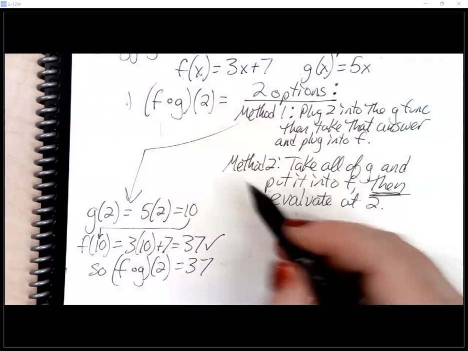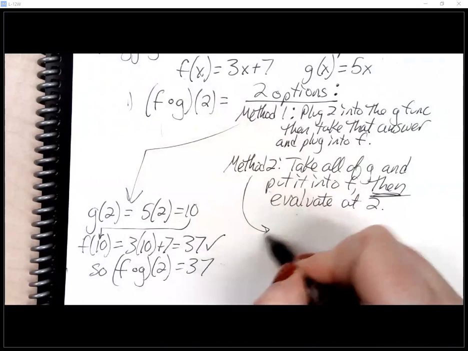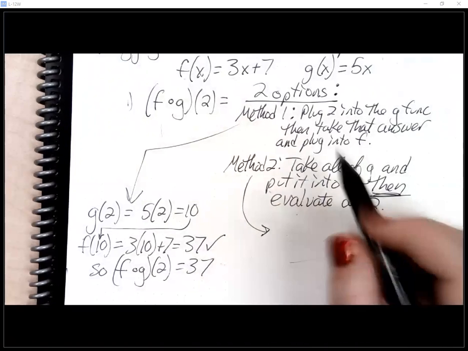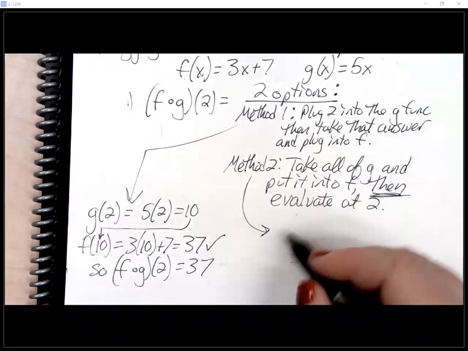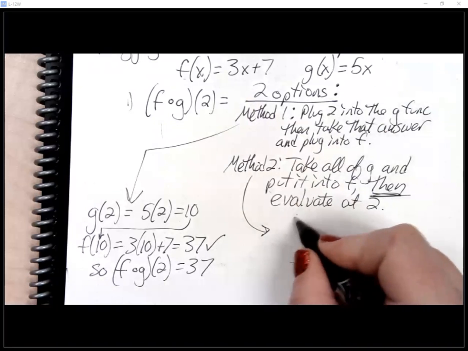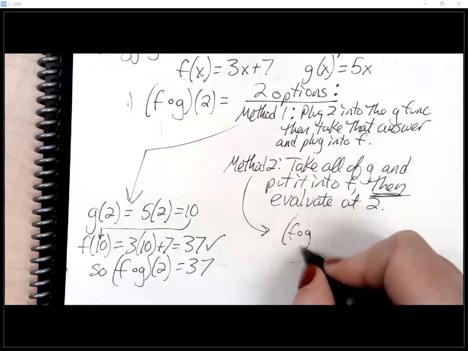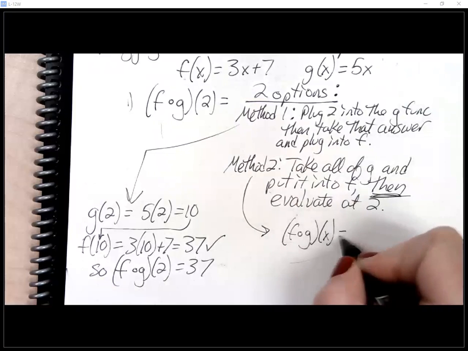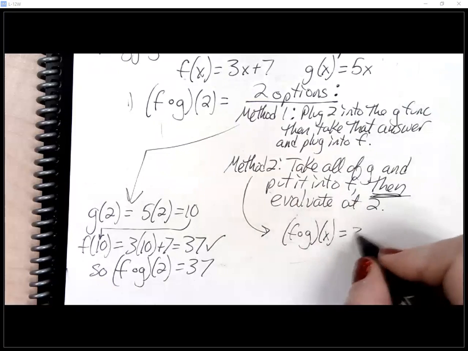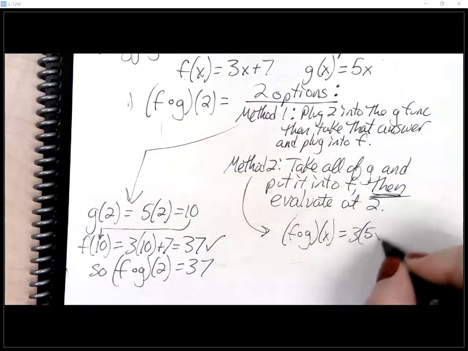Or if you really like method 2, that's your business. You're going to take G and put it into F just like we have been. So you would find F of G of X first. So that would be 3 times 5x plus 7.